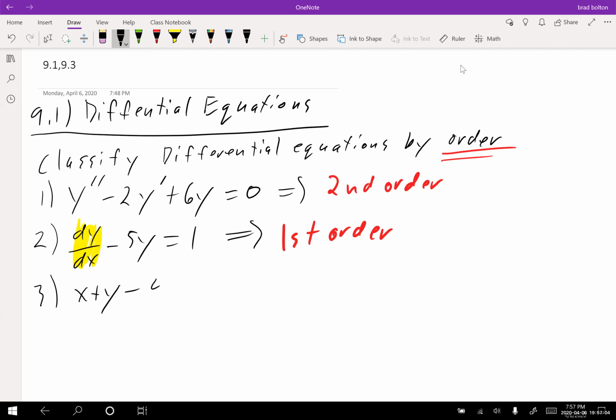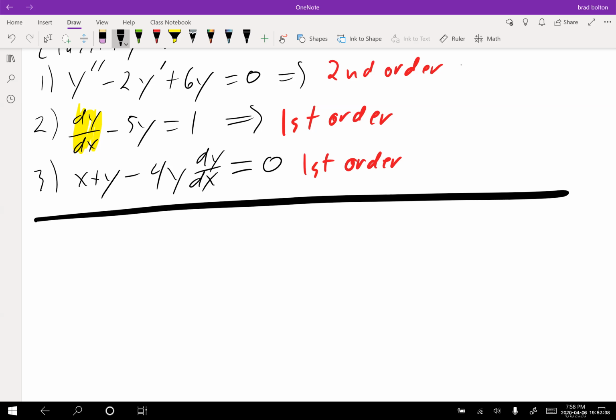Now, something that is very important for differential equations is to understand what a solution to a differential equation looks like. It's very important you guys understand a solution to a differential equation is a little bit different than what we're used to seeing.